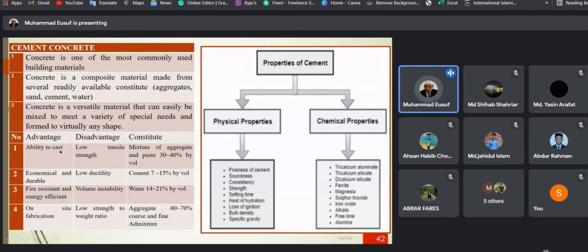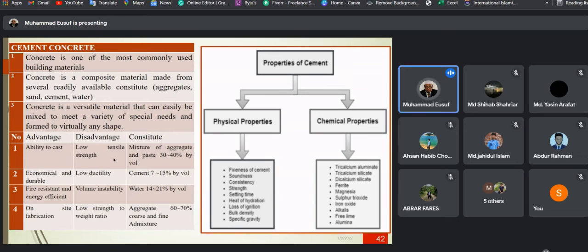Advantage: ability to cast, because initially concrete formation is plastic type, right? So you can mold it anytime. Disadvantage: it has low tensile strength. Meaning you can cut down the concrete, but you cannot easily cut down the steel bar.